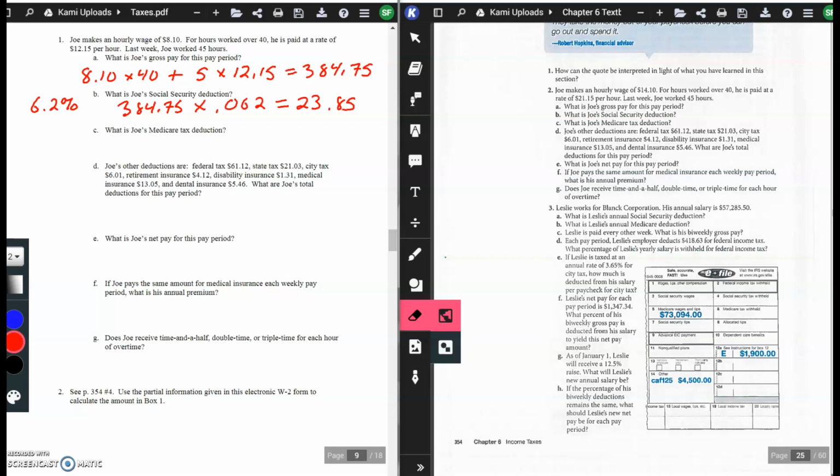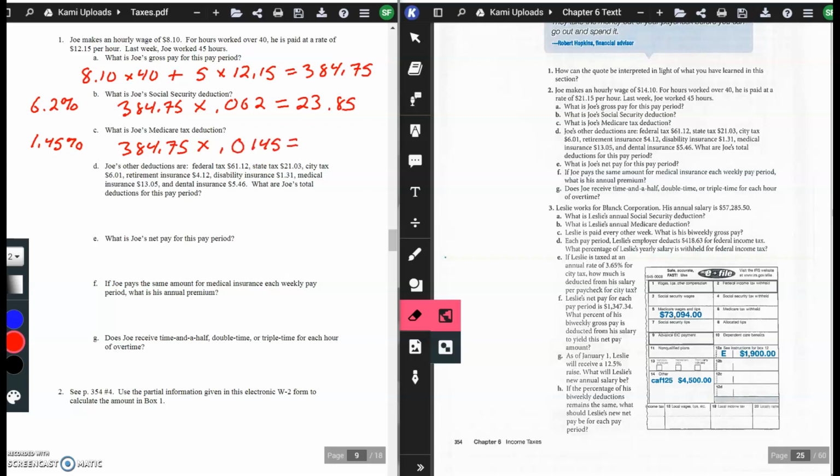Medicare tax deduction. Medicare is 1.45%. Again, those are 2 numbers, Social Security and Medicare. Those are 2 percentages that you should know, because we'll be hitting on those all semester. So again, you take your gross, $384.75, times 1.45% as a decimal, which is 0.0145.